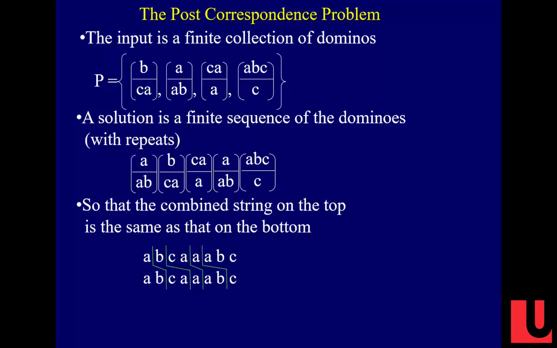You can see that the string on the top and the string on the bottom are the same. Here, this tile, B on the top, CA on the bottom, right? There's this tile, B on the top, CA on the bottom. And you'll see I laid them out, and then the string here is the same as this. Everybody follow that? So this problem is undecidable.